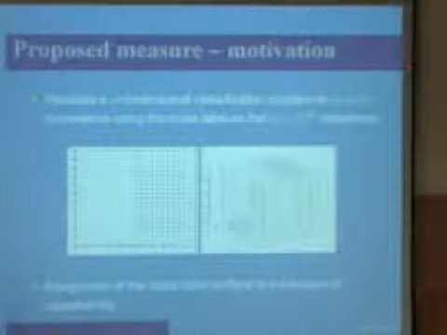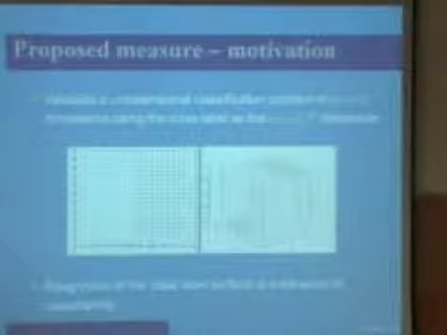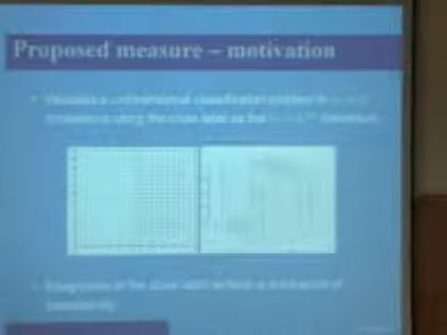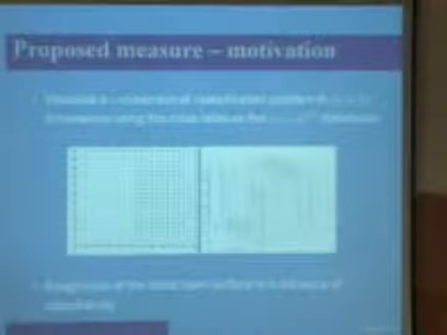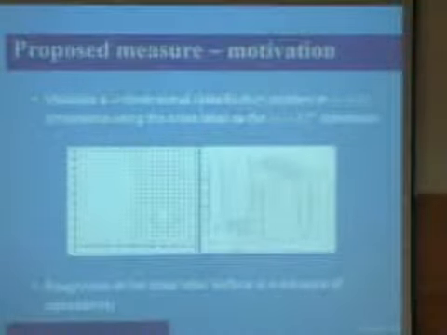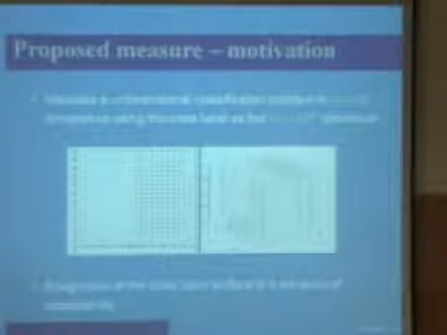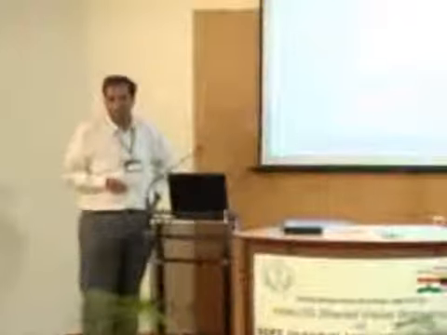So one way of computing the roughness of this surface is that if I have a point, let's say the point is of some class, I look at the neighboring points around it, and I find out how many of the neighboring points belong to the same class and how many of the neighboring points belong to some other class.